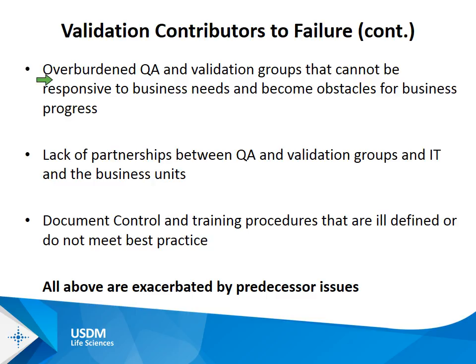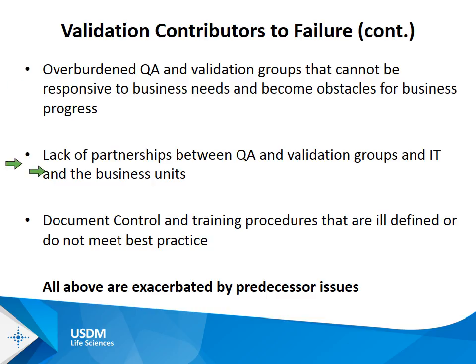So while this may be occasionally a cause based on QA and validation group organization and management, or multiple QA and validation groups trying to reconcile approaches to new systems, often it's because they weren't involved early enough. That is the root cause.